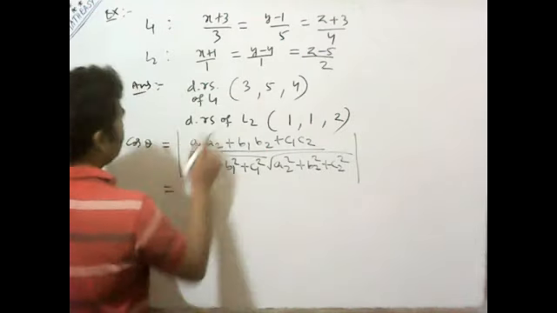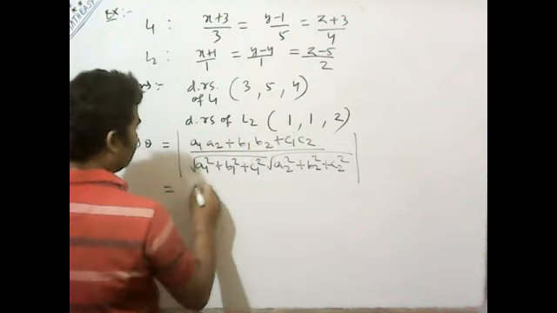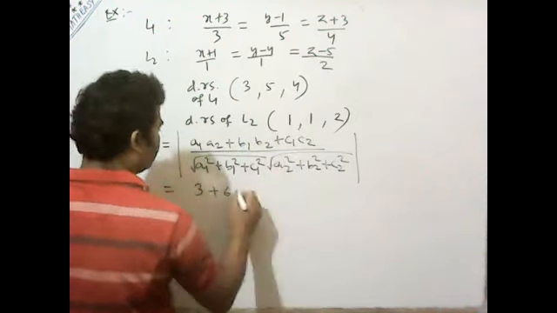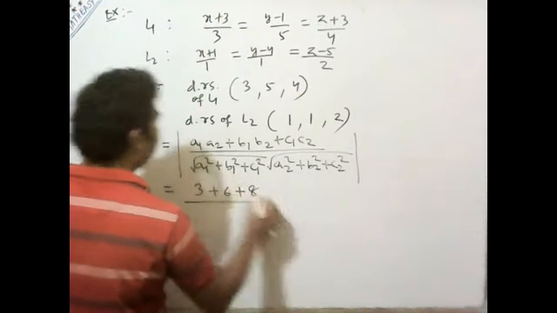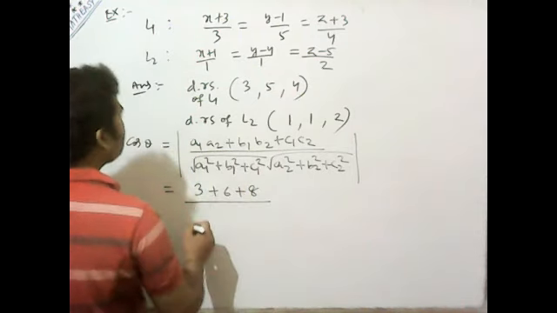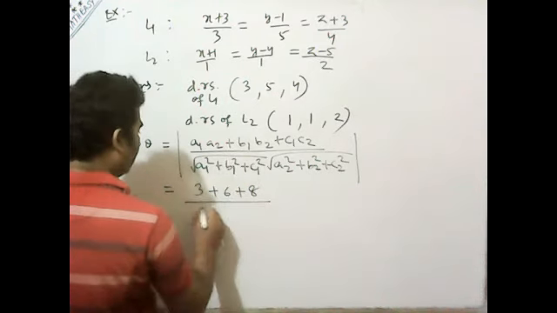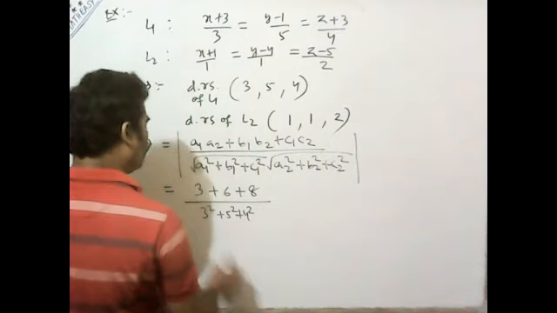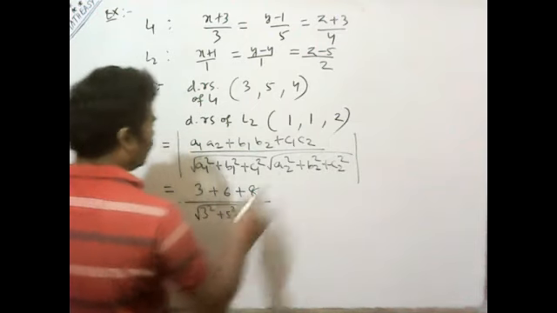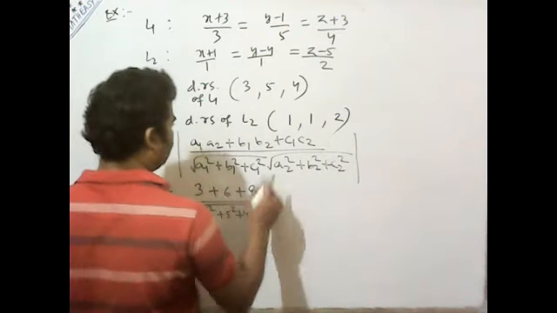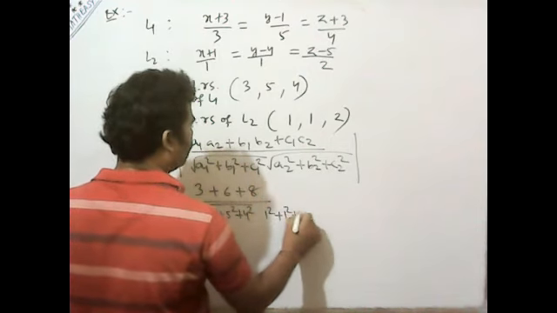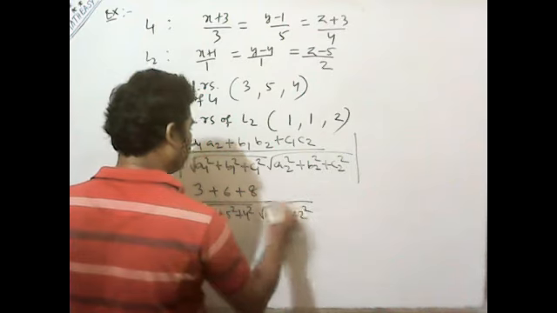Here this into this is 3, this into this is 6, this into this is 8, all divided by the square root of 3 squared plus 5 squared plus 4 squared, then the square root of 1 squared plus 1 squared plus 2 squared.